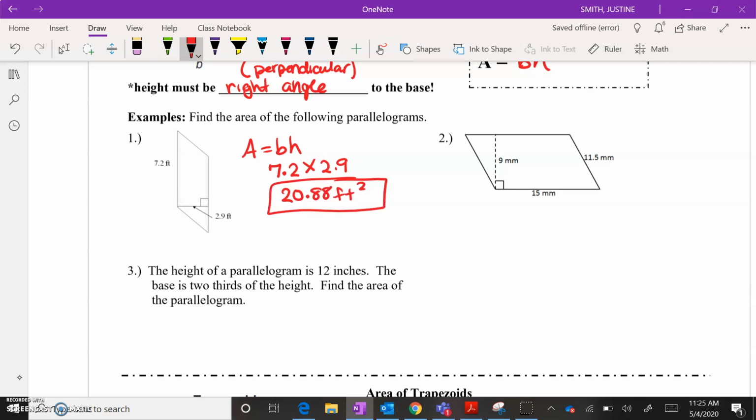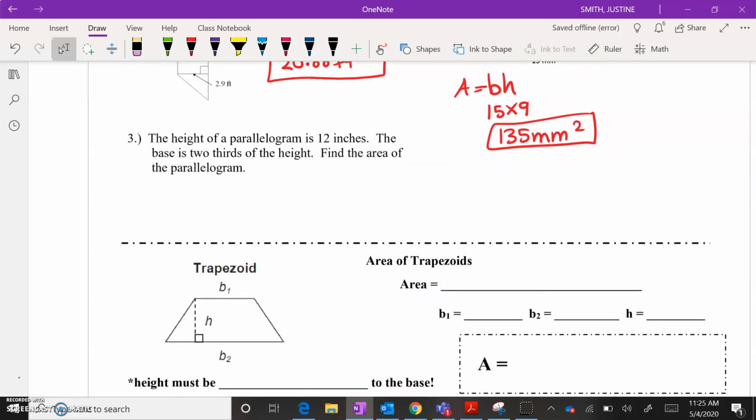Okay, and then for number 2 here, again, base times height. So the base is 15, the height is 9, because they form that right angle. This 11.5 we don't use, that's just like a slant. So we do 15 times 9, which would then be 135 millimeters squared.